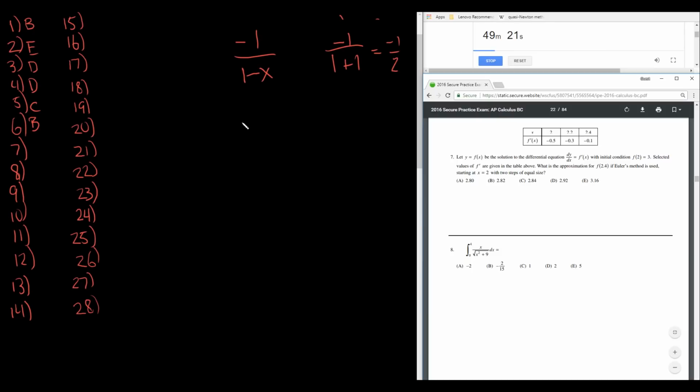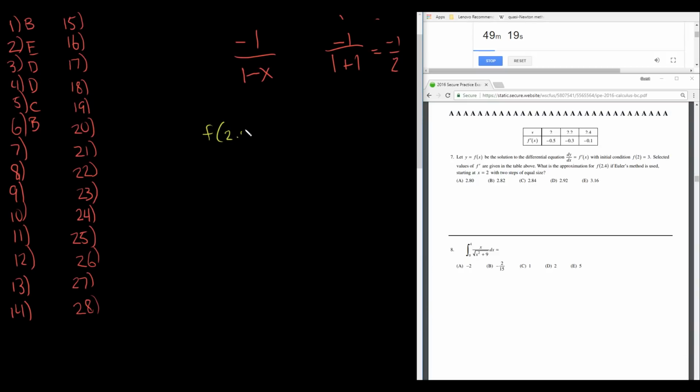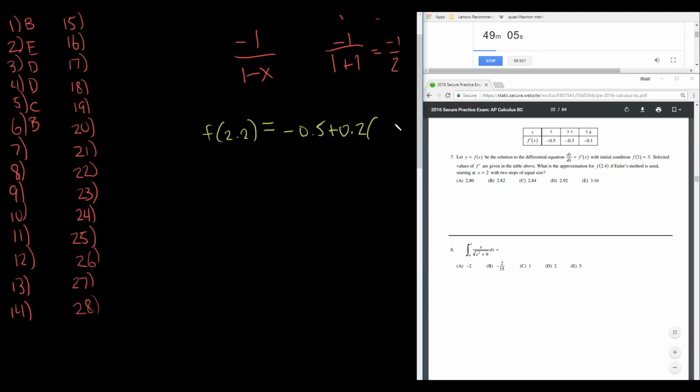Okay, so first thing we say is f of 2.2. We have a total step size of 0.4, break it up into 2, we get 0.2. So we go from 2 to 2.2, equals f of 2, so negative 0.5, plus our step size, 0.2, times the slope at that point, and sorry, this negative 0.5 is the slope.